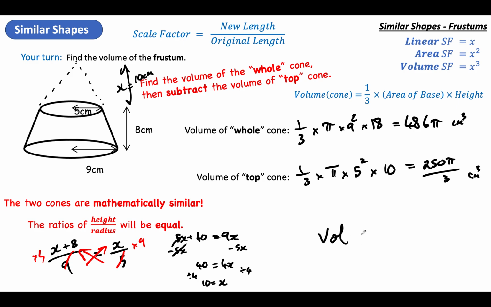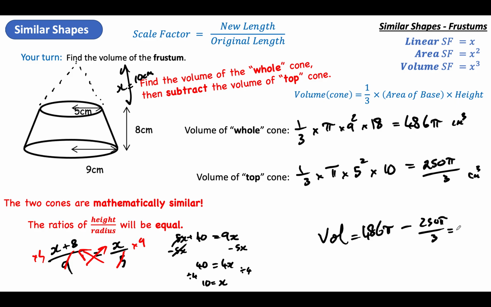Right, volume equals the volume of the whole cone, 486 pi, take away the volume of the top bit, which is 250 pi over 3. Let's put that in my calculator.